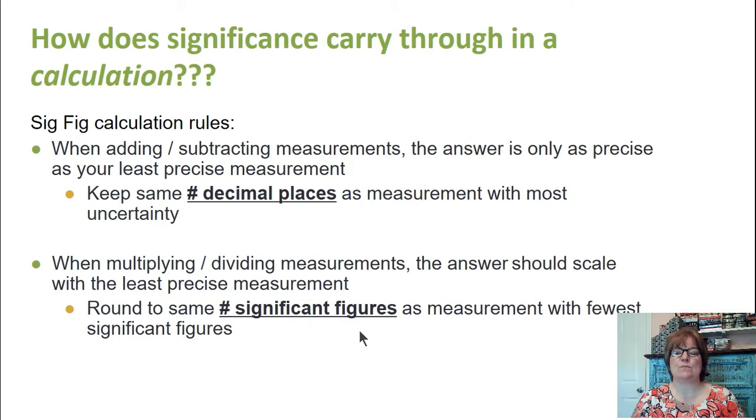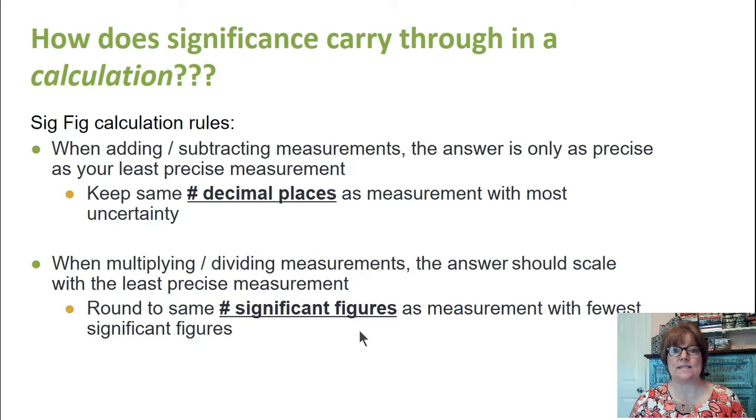Remember, the precision in a measurement is determined by that place value. If I'm adding or subtracting, it's about place value. So I want to find the location of the uncertain digit and keep track of that. And that's where it's going to determine my rounding rules. If I'm multiplying and dividing, of course, multiplying and dividing makes numbers get bigger and smaller, and so place value is not as useful.